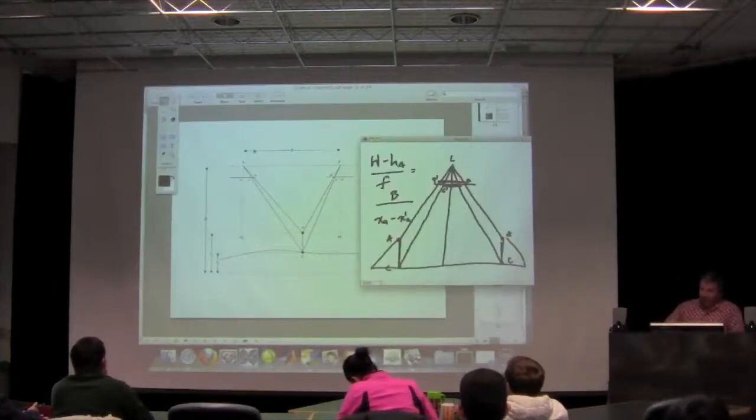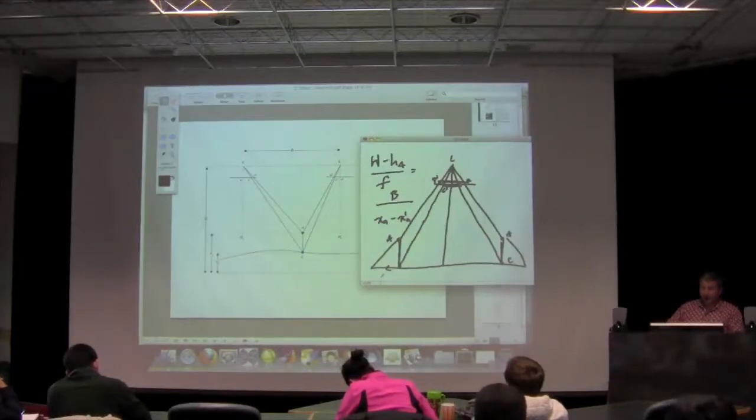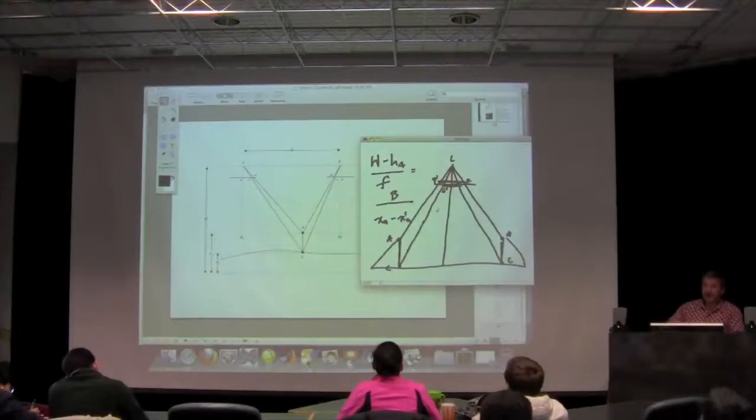All right, so what did I say there? Well, I said the ratio of this distance, which in a triangle is what? This distance here, the base of the triangle. So the ratio of the base of the triangle to the height of the triangle. So here's the height above the ground, here's the base above the ground.